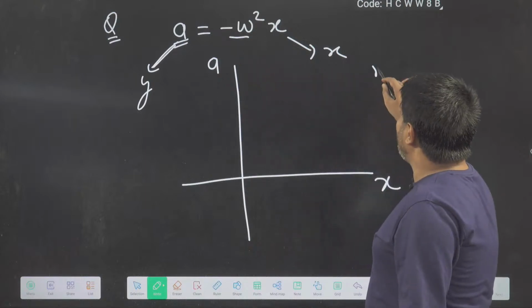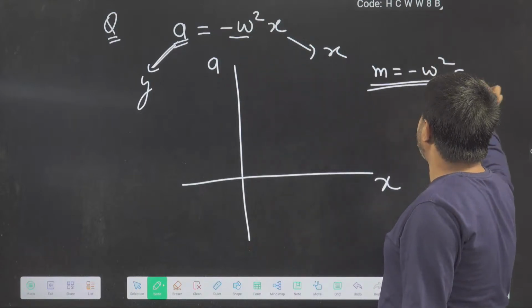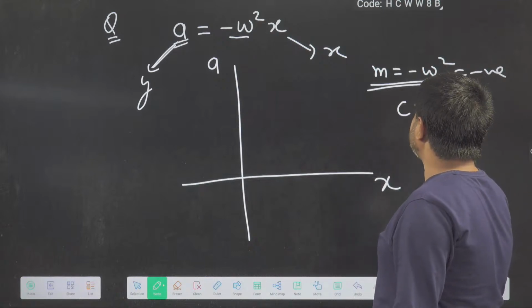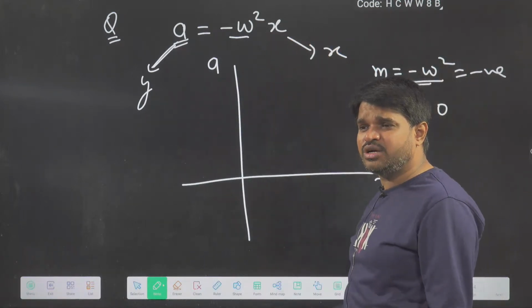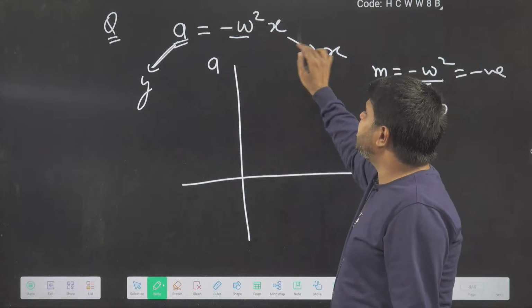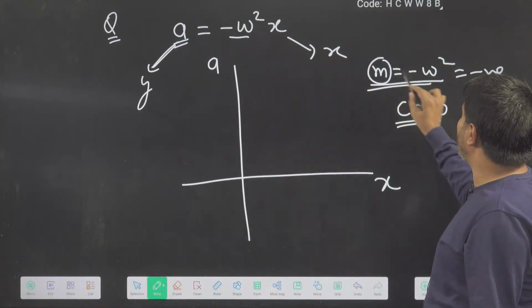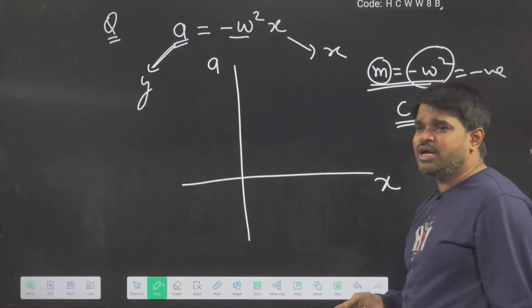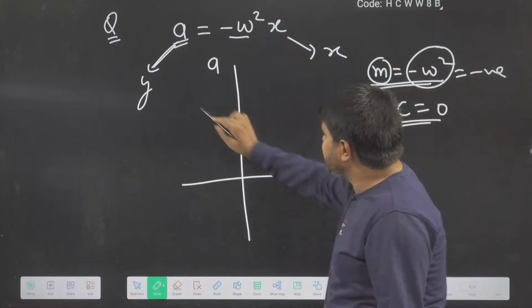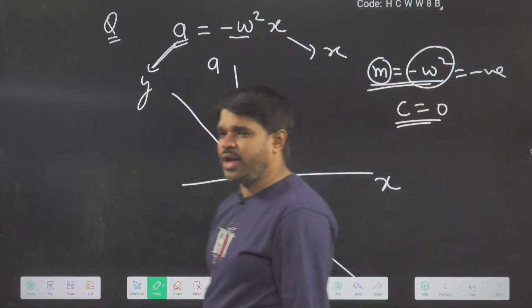Here, slope m is minus omega square, so the slope is negative. The C term is not present, so C is 0. Negative slope means the line passes through the origin, like this.